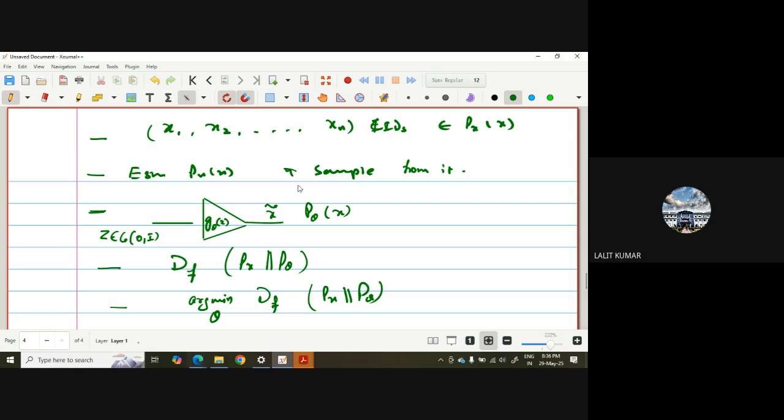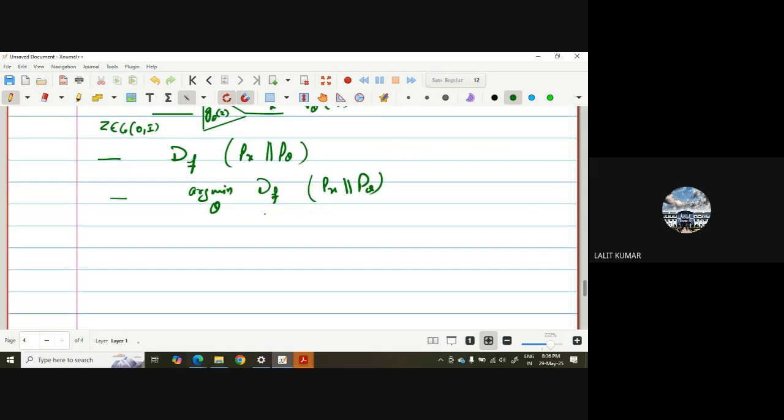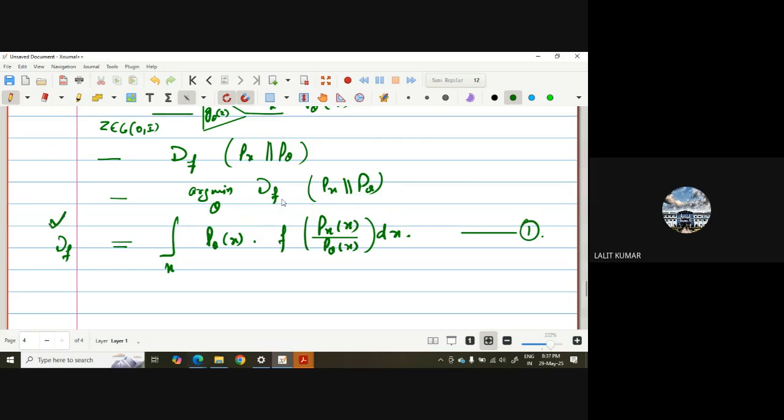These are the steps we have taken. And then we define Df as the integral over x of p theta of x times some function of p(x) over p theta of x. So we have to solve this. This is known as the f divergence definition.